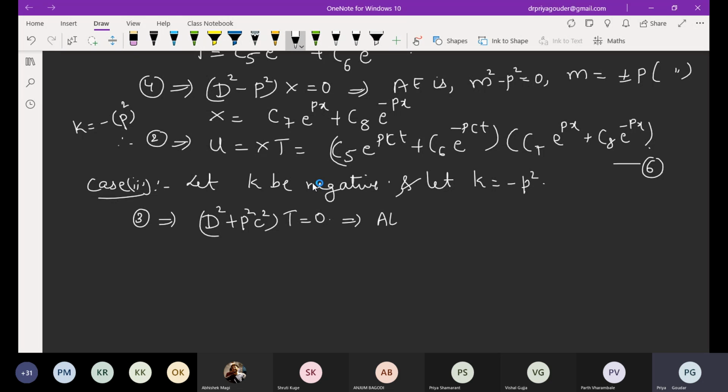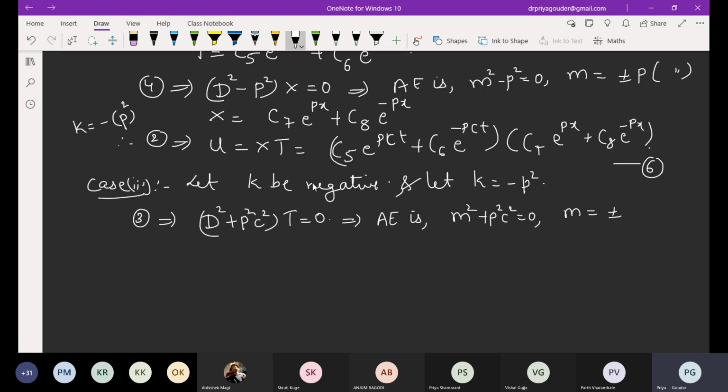By taking the auxiliary equation. The auxiliary equation is m square plus P square C square is 0. Tell me the roots. M square is equal to minus P square C square.